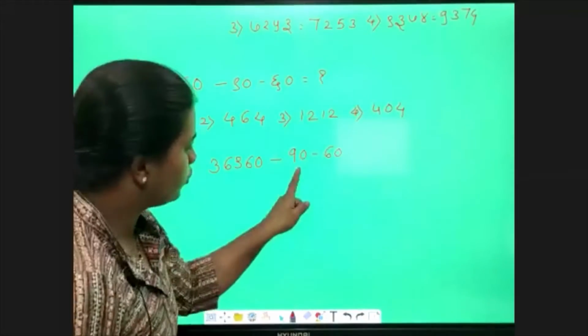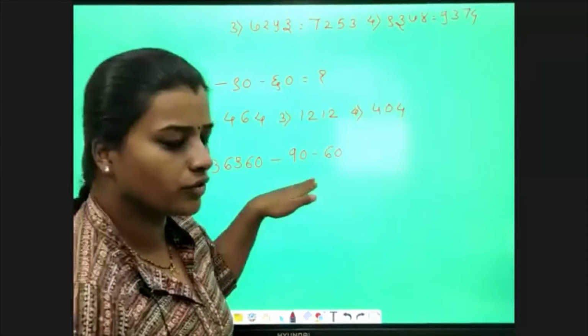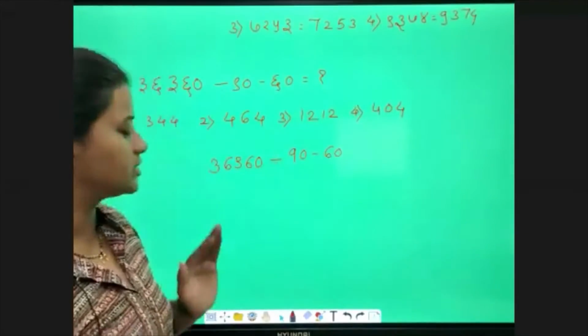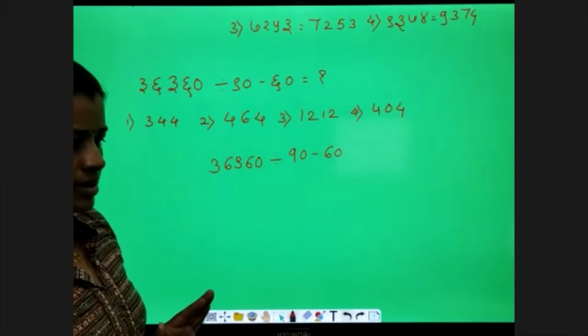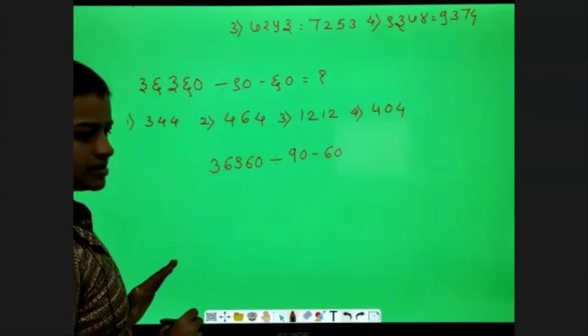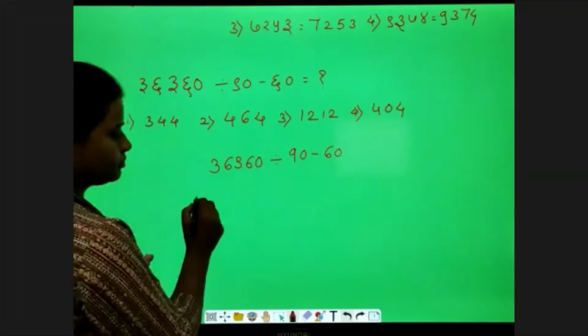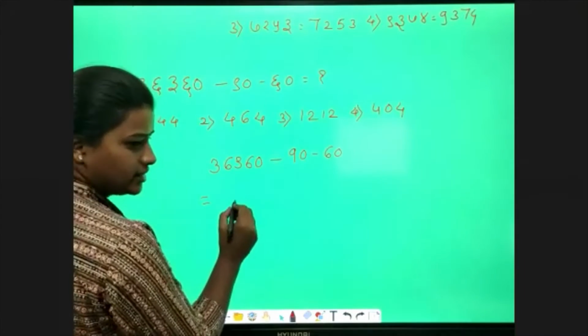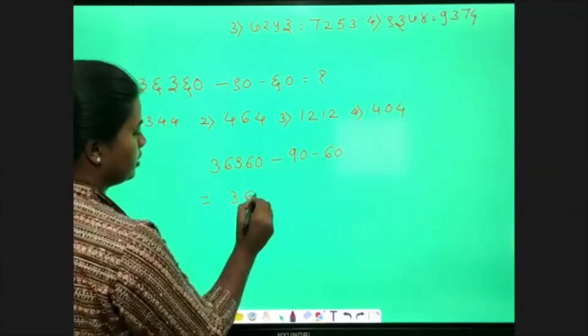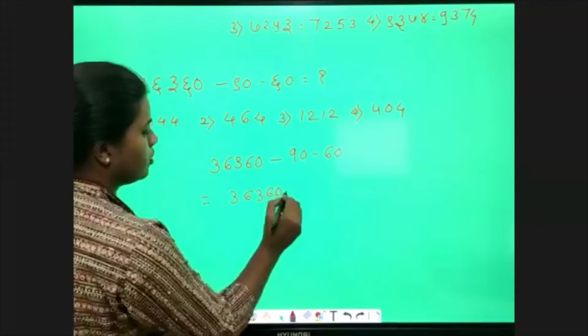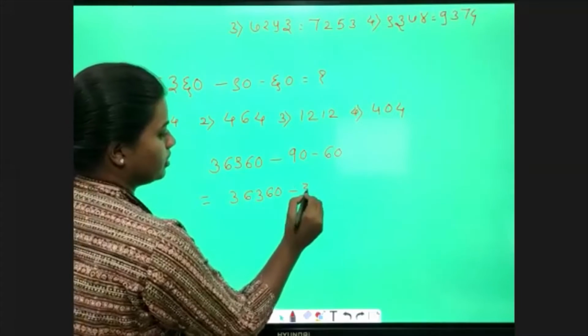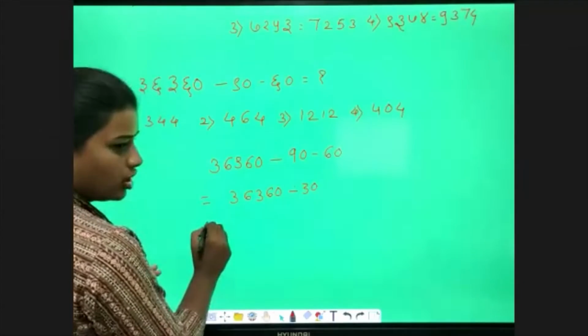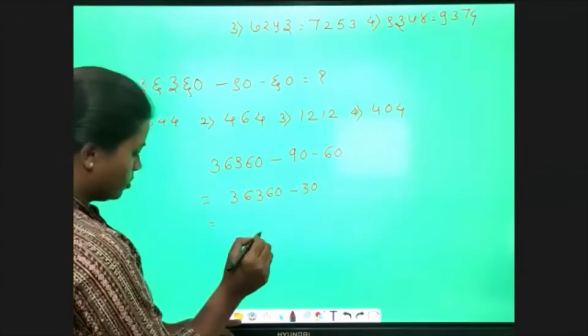What is 90 minus 60? 30. Yes, Anvi is right. So it's 36360 divided by 30. Soham right, Pari right.